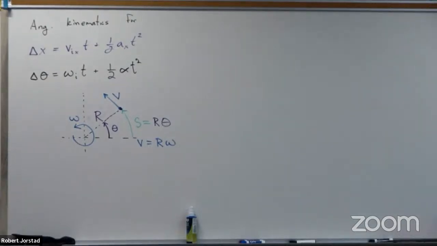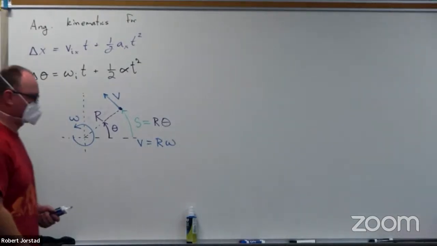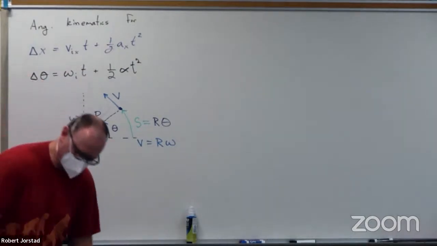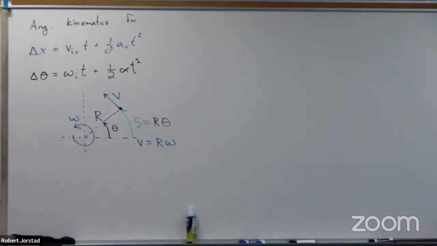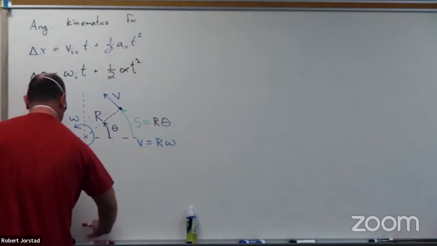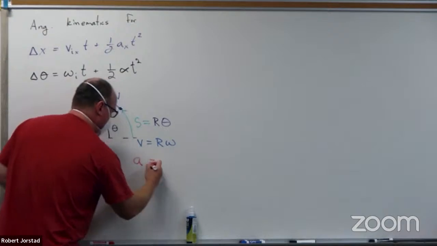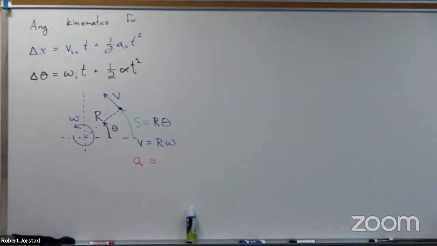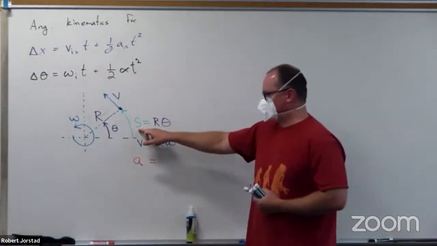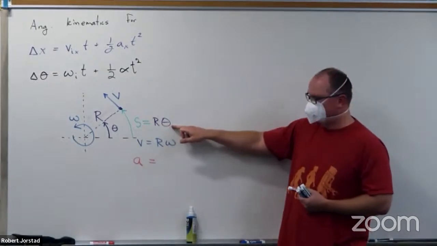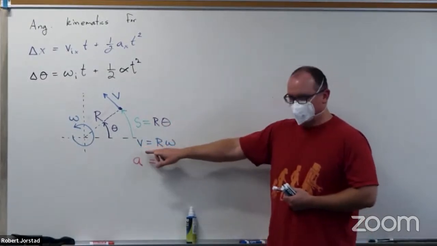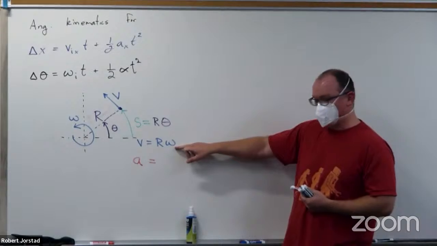Cool. Any guesses how acceleration relates? How do you think the acceleration relates to an angular quantity? Here we see distance traveled relates to the angle. Here we see velocity relates to the rotation rate or angular velocity.